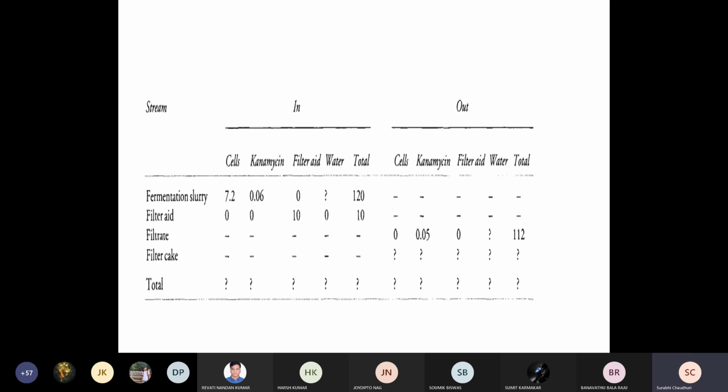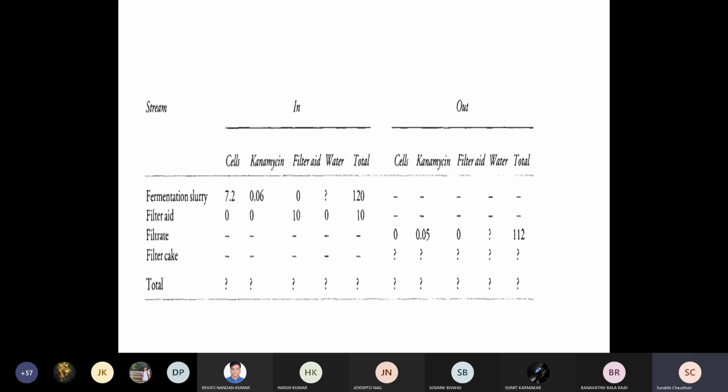And for going out, filtrate has no cells, cells 0. Kanamycin, since the total is 112 and out of this 0.045% is kanamycin, that is 0.05. In filtrate, no filter aid is there. Water, we don't know.